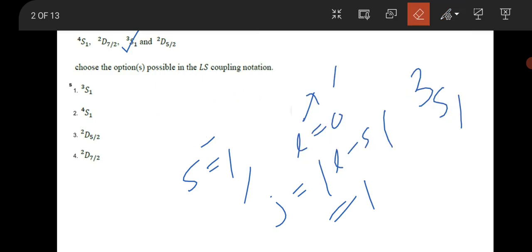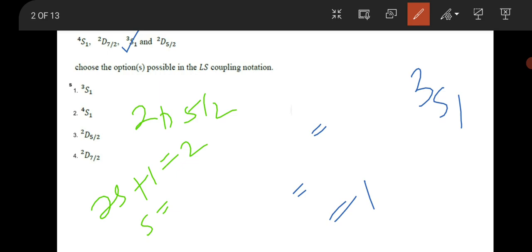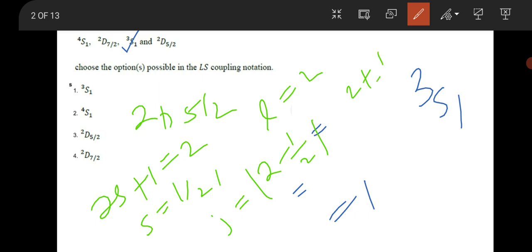Move to the next. Similarly, check for 2D 5/2. We already checked it, because we already mentioned that for 2D 5/2, 2S+1 is equal to 2, so S is equal to 1/2, and for the D state, L is equal to 2. So the possible J is from L minus S to L plus S, that is 2 minus 1/2 to 2 plus 1/2.